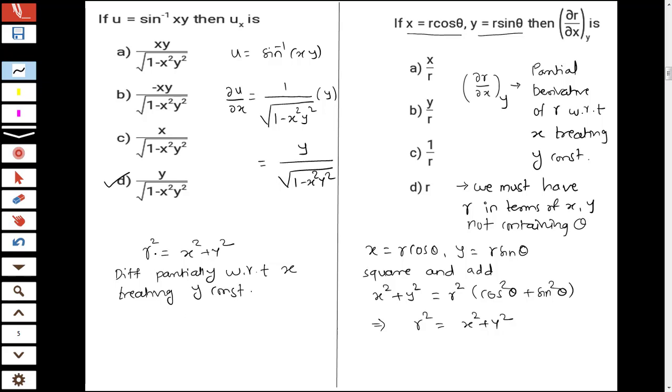So it is 2r into dabba r by dabba x, treating y constant, is equal to the derivative of x square plus y square, which will be 2x plus 0. So we have dabba r by dabba x, treating y constant, is equal to 2x upon 2r, that is x upon r. So what is the answer for this question? It is option A, x upon r.